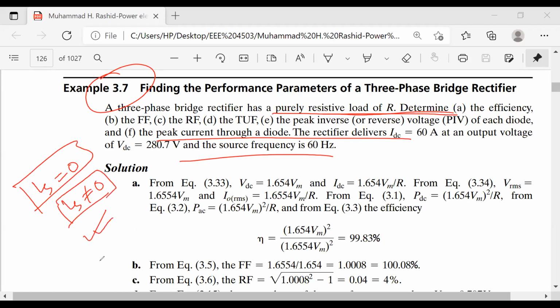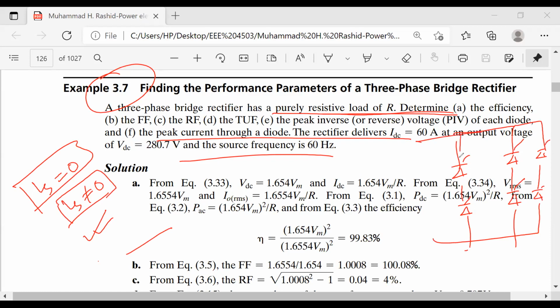So inshallah, in the next class, we shall consider the 3-phase control rectifier. That means with the thyristor, and we shall study this one. Okay, and that will be the syllabus of your final exam. So where did we start after the midterm? Diode rectifiers, right?